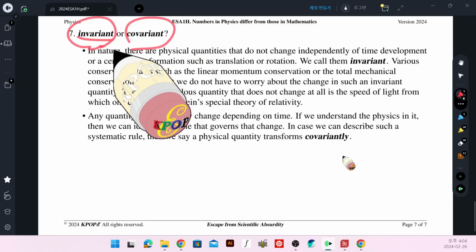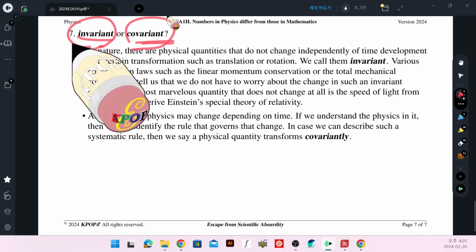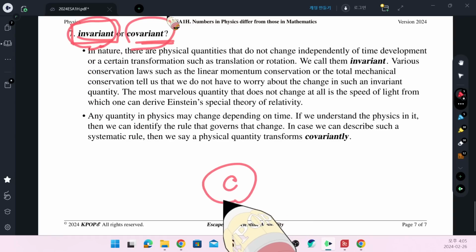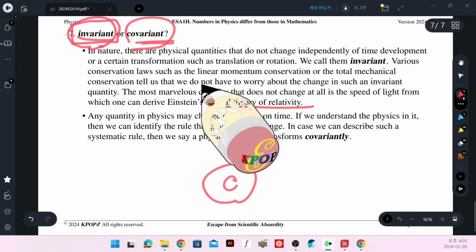So if you know the mechanism of changing a physical quantity, then we say it is covariant. One of the most important invariant quantities is the speed of light, from which we can derive Einstein's special theory of relativity.